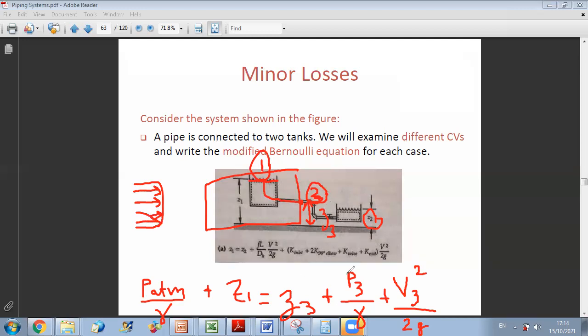In case, after solving, you find out that your flow is not turbulent, it's laminar, then you should repeat your calculation, because in laminar flow, if you remember, the profile is parabolic, and V at the center line is the maximum velocity, which is larger than the average. So plus V3 squared over 2g. Here we can say, assuming turbulent flow, V3 is equal to the value of V we got here.